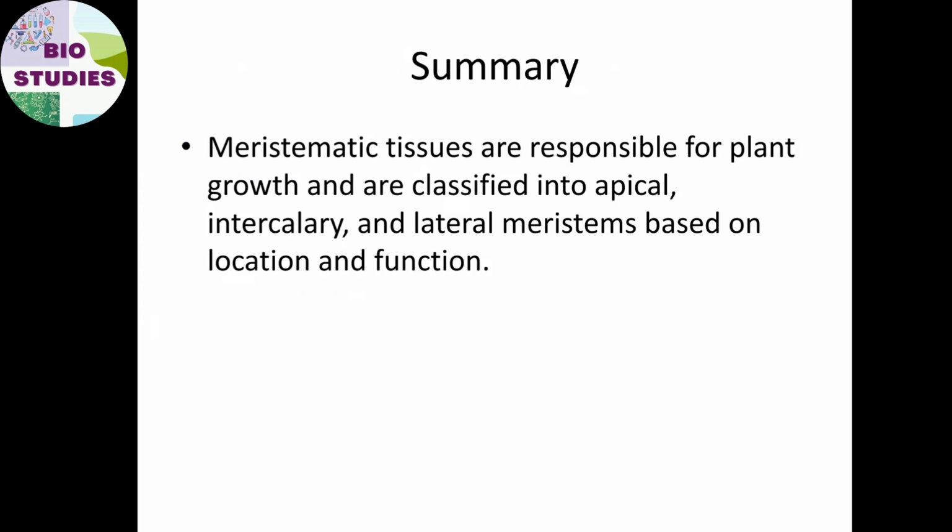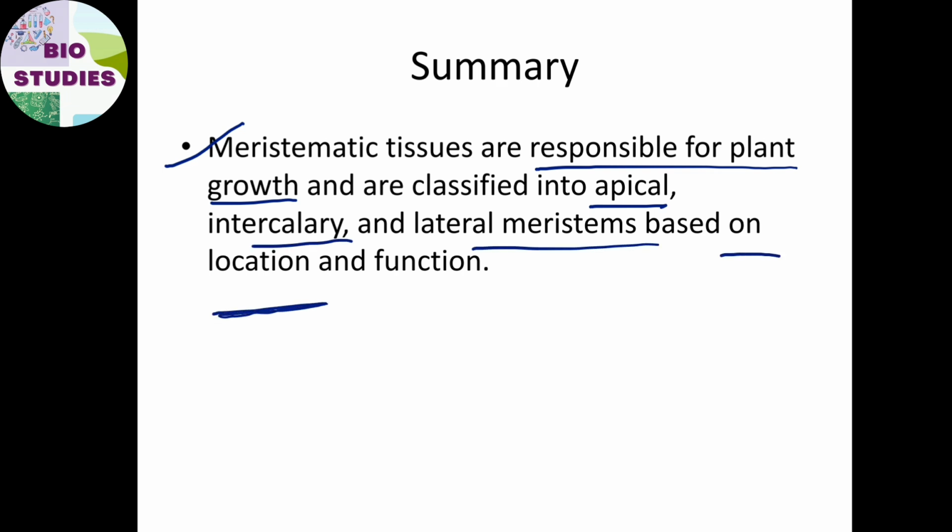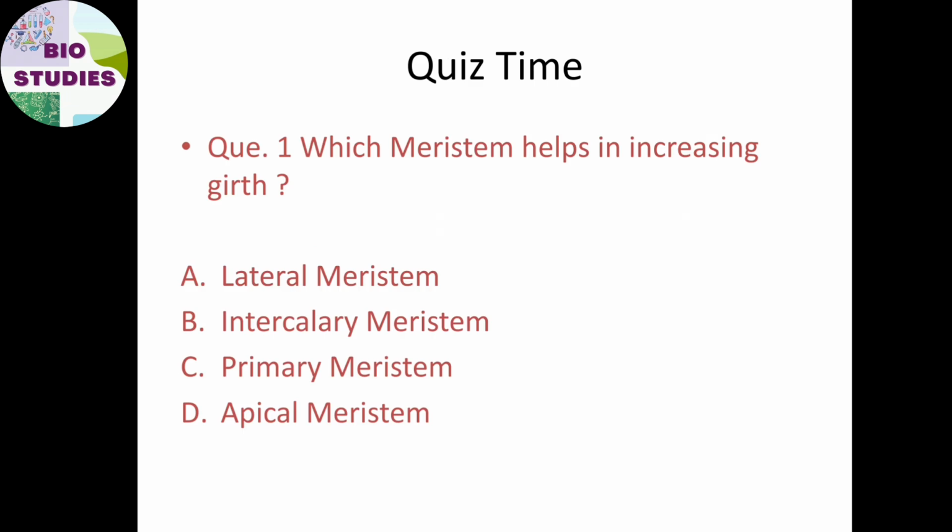So, the summary of this small and precise lecture of meristematic tissue is: meristematic tissues are responsible for plant growth, classified into apical, intercalary and lateral based on the location, like apex, at the internodal and leaf base; lateral for the girth, that is vascular cambium and all. Location and functions: girth and length.